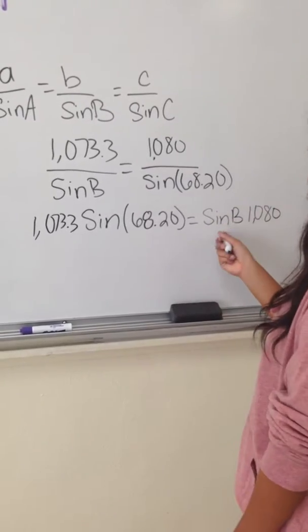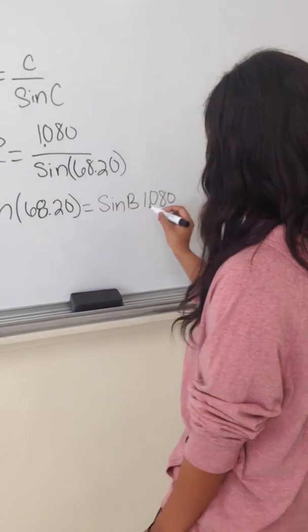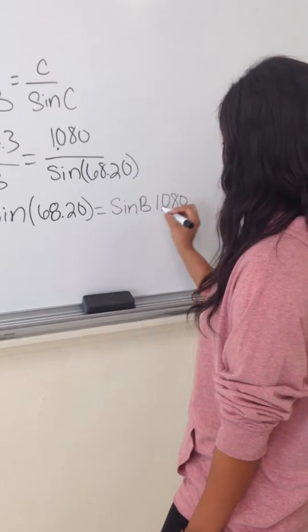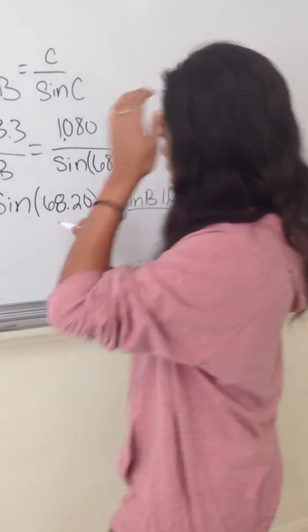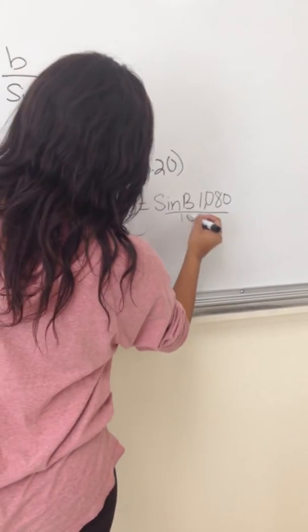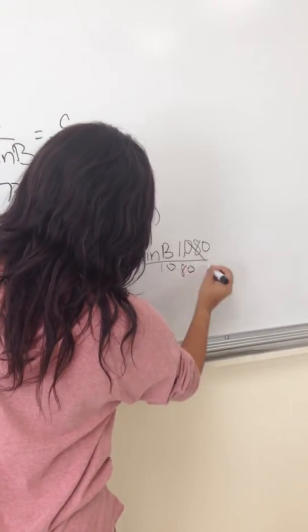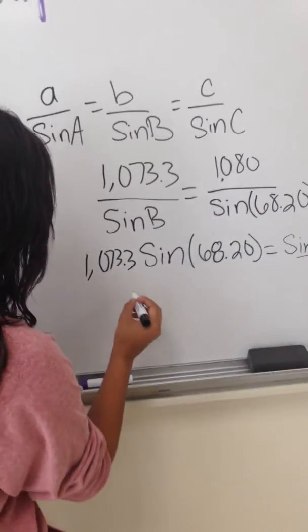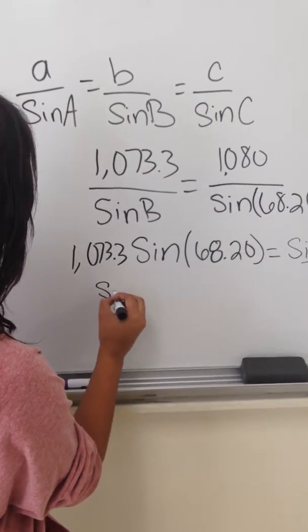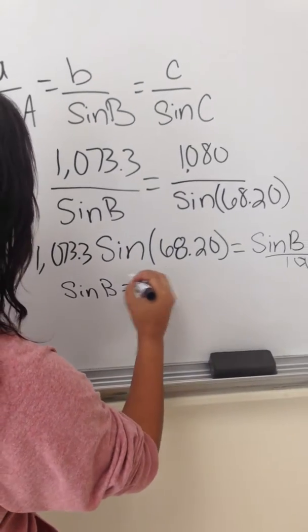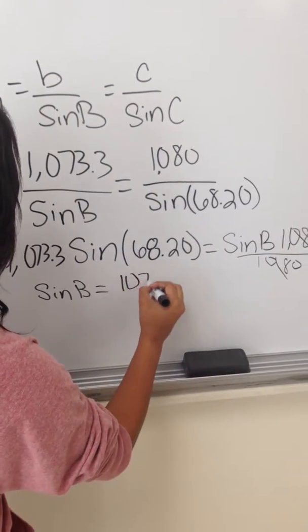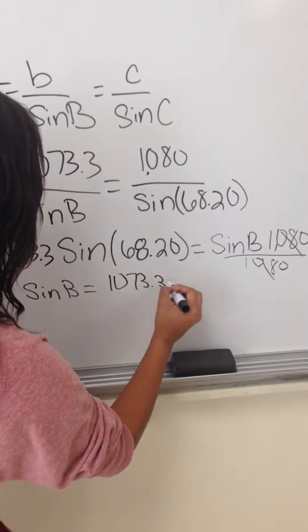Next, because you're trying to find sine B, you're going to divide the 1,080 out, and you're going to do that to both sides. So that crosses out, and then you just have sine B. So then you have sine B equals 1,073.3 times sine 68.20, all over 1,080.